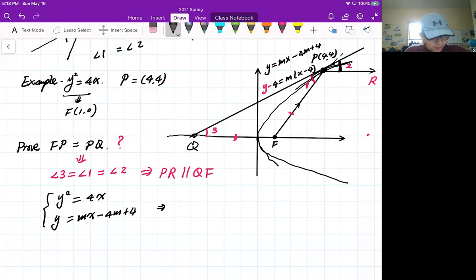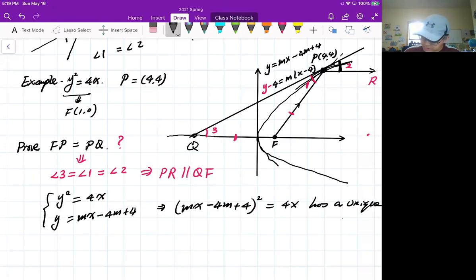Basically, you substitute: mx minus 4m plus 4, taken as x, equals 4x. You do the substitution. This has a unique solution.